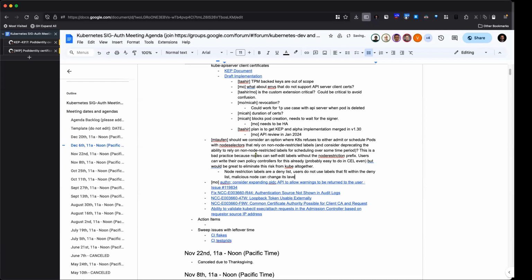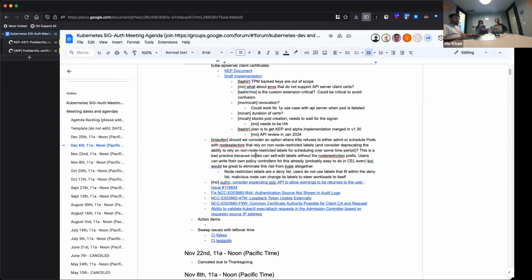So this might be something we could do in pod security standards, where we say, if you have a node selector that uses unsafe labels, you can't do that. Is that possible? I'm not immediately sure.